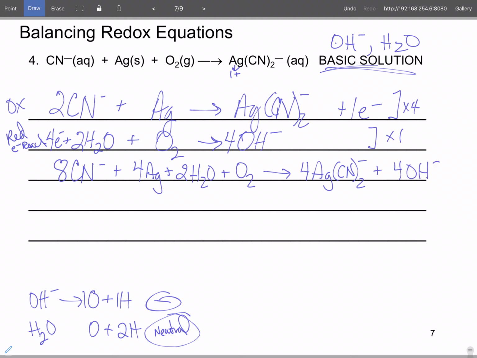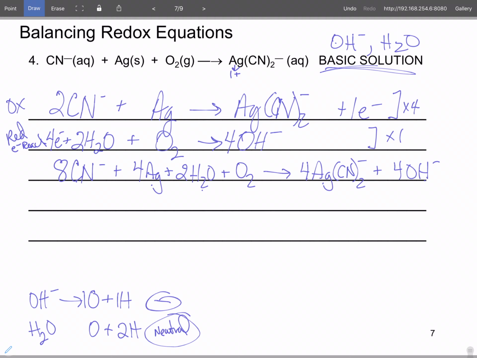So if you look at it real quickly, I have 8 carbons to 2 times 4 is 8 carbons. I have 8 cyanides. 4 times 2 is 8 cyanides, so those are all done. 4 silvers to 4 silvers. 4 hydrogens to 4 hydrogens. 2 plus 2, so 4 oxygens.